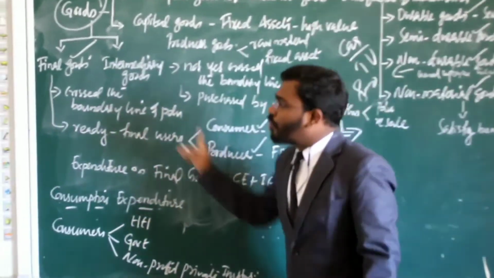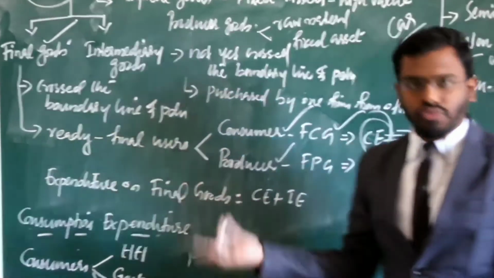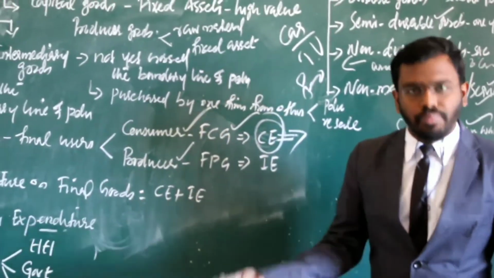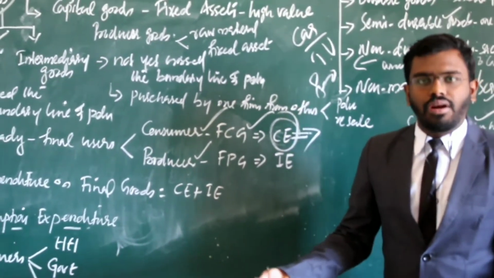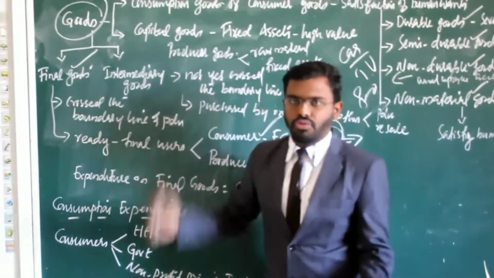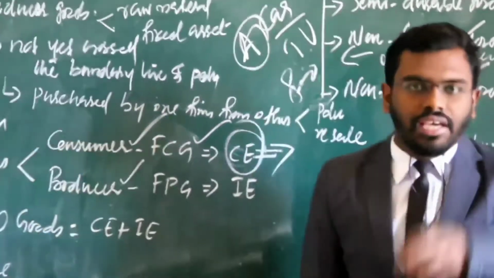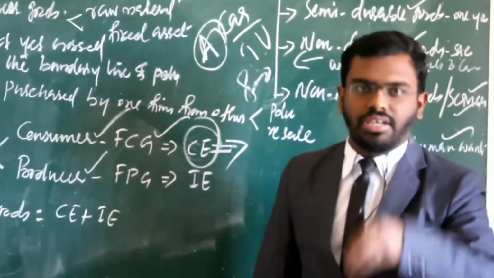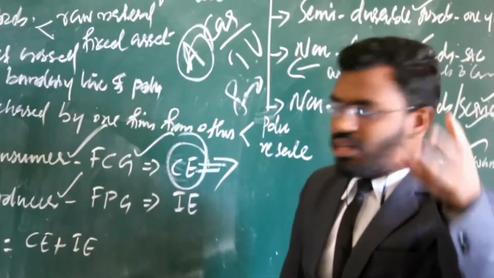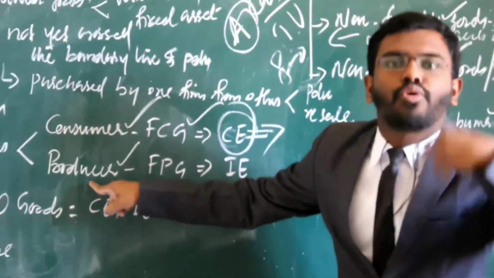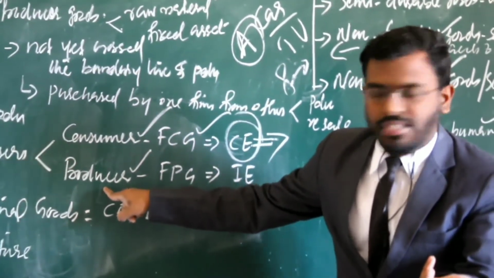Like that, producers also demand final goods, for what purpose? For production purpose. For example, machinery is a final good. Someone, an individual who is a producer, needs machinery for his factory. If he demands that machinery, it becomes a final producer good.